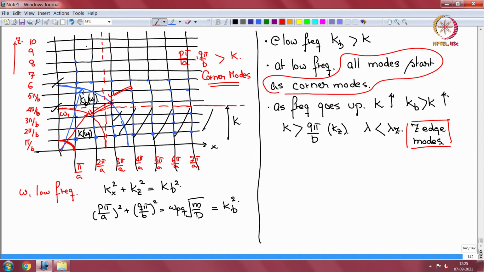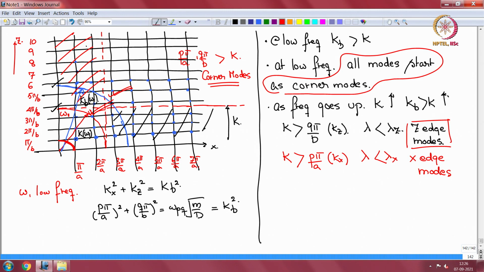Now what about this set of modes? This set of modes is where k is greater than p pi by a, which is kx. That means lambda is less than lambda x. These are x edge modes.